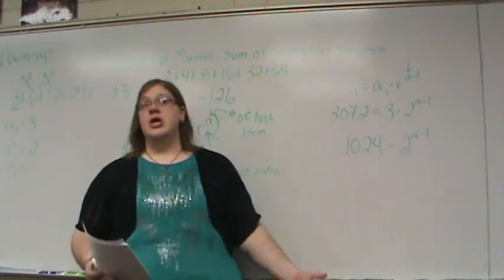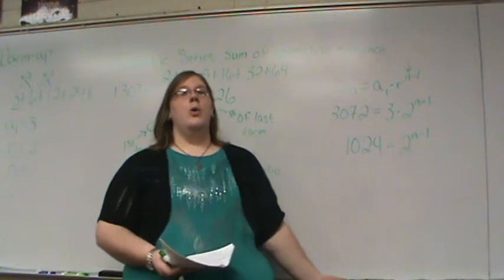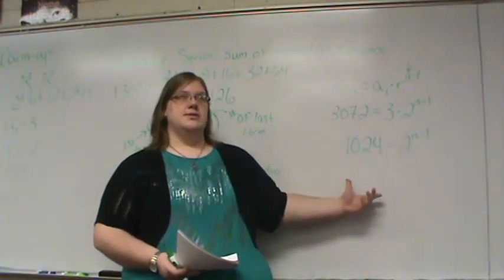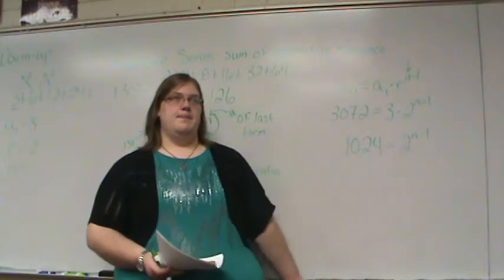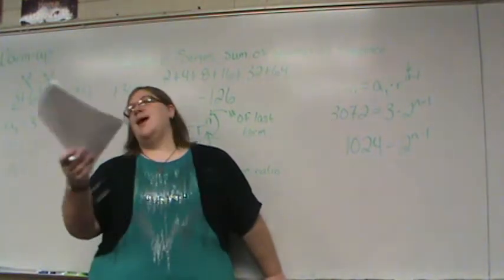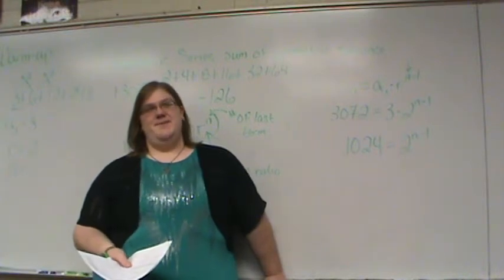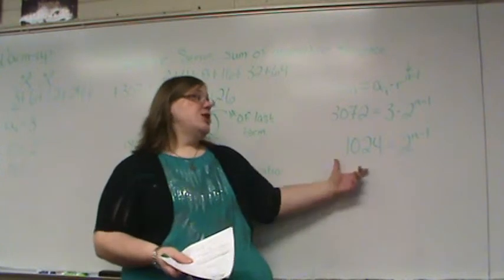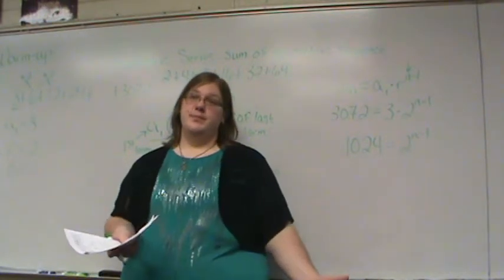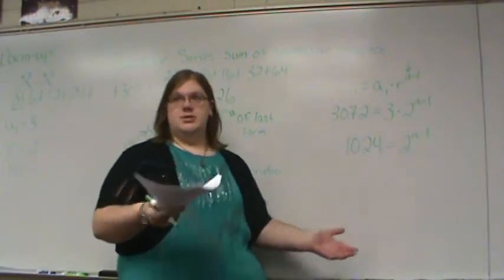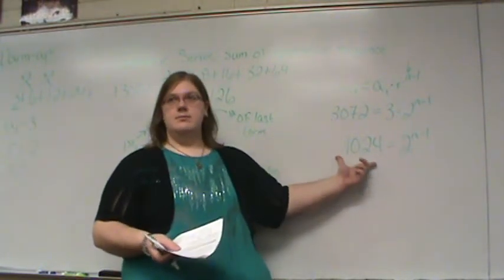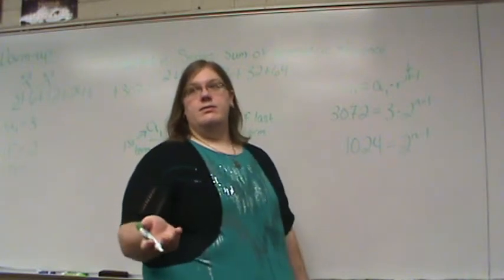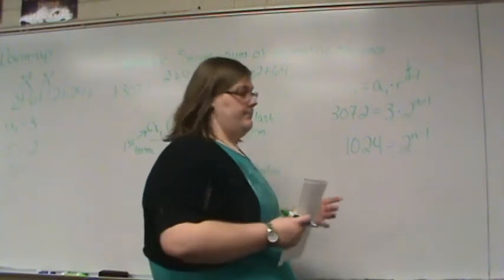So you can do a guess and check type method, or this goes back to logs. And I know how much you guys love the logs, so I will show you both ways. The guess and check you kind of have to do on your calculator, just plugging it in until you find 1024. So you find 2 to the 10th equals 1024. You can do that.